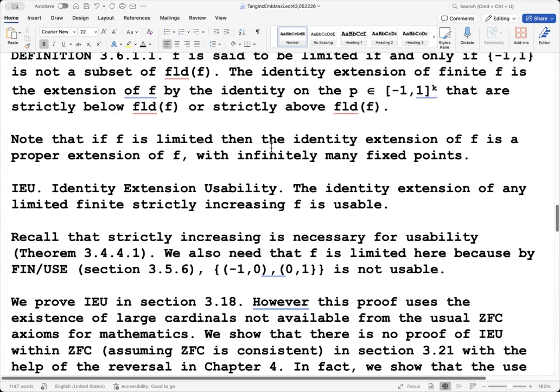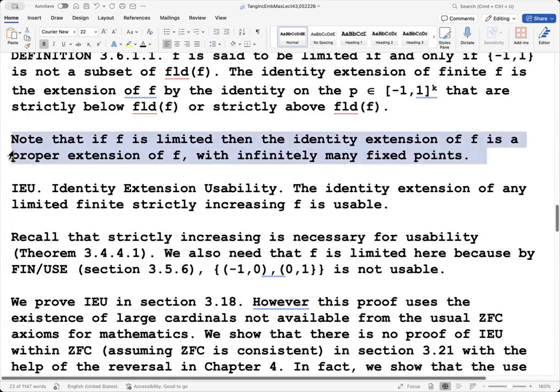In fact, the following are equivalent: F is limited; the identity extension is a proper extension; and the identity extension has infinitely many fixed points. All three are equivalent. I'm going to state this that way. That's better.